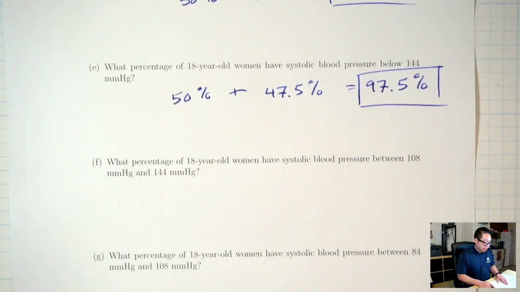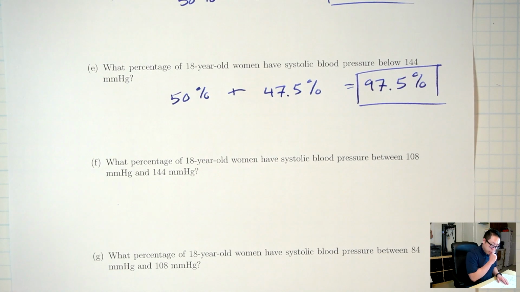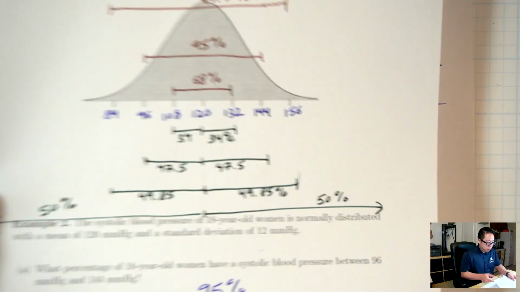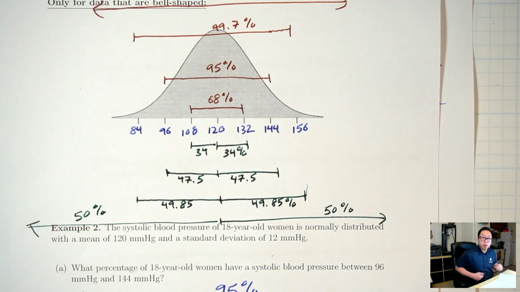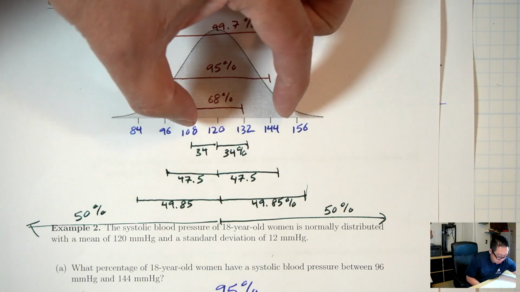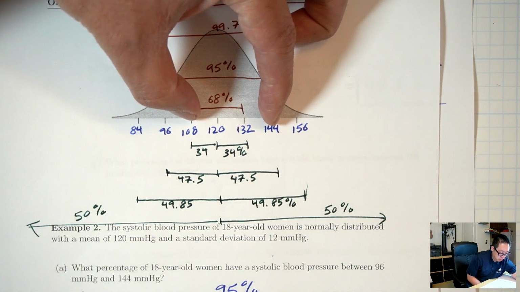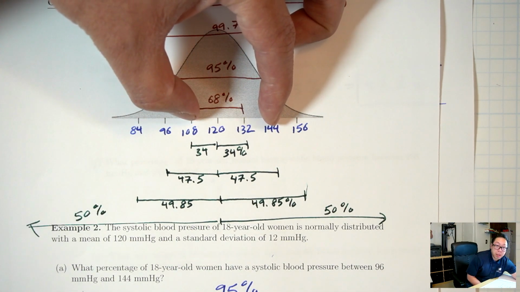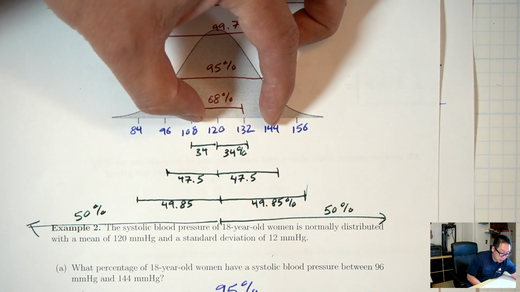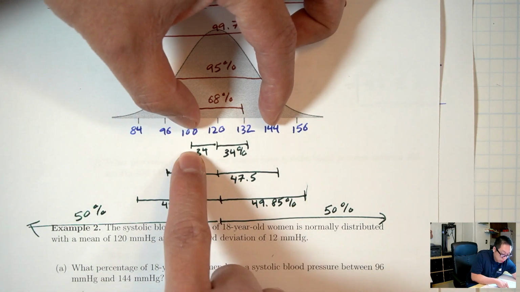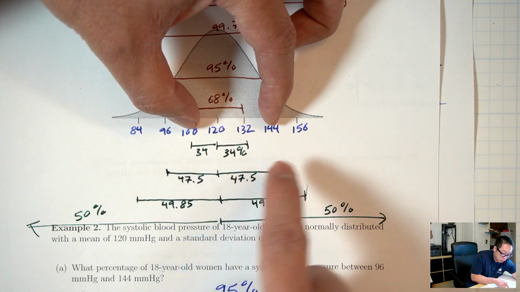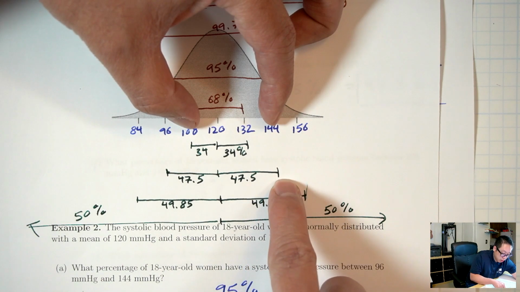Part F. What percentage of 18-year-old women have blood pressure between 108 and 144? 108 to 144. My left side is touching the 34, so I know it should involve 34. My right side is touching the 47.5.